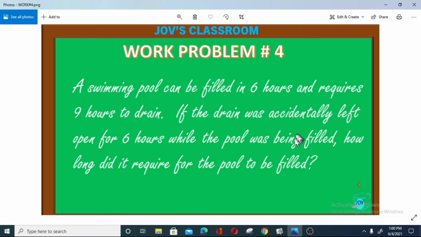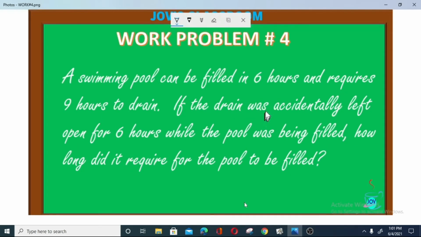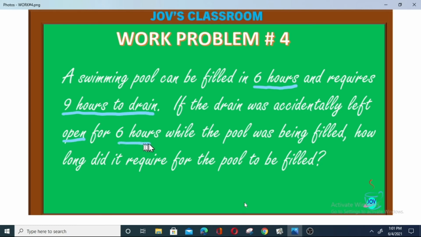If the drain was accidentally left open for 6 hours while the pool was being filled, how long did it require for the pool to be filled? So a swimming pool is to be filled in, let's underline the given, 6 hours. And it requires 9 hours to drain. If the drain was accidentally left open while the pool is being filled, how long did it require for the pool to be filled?